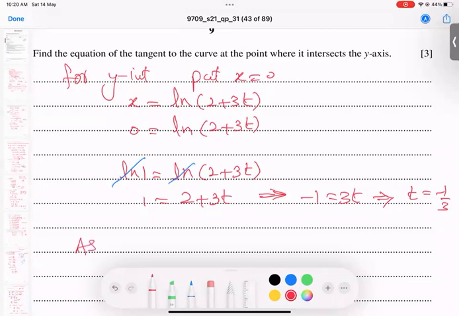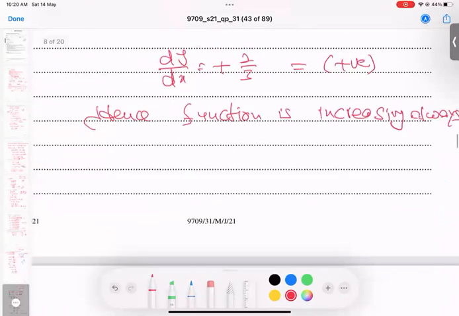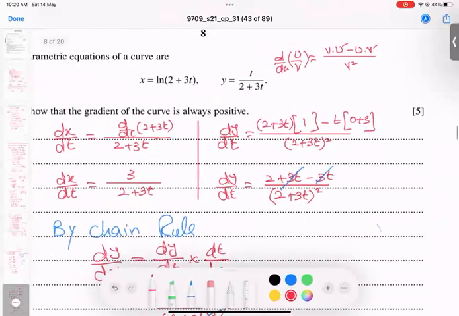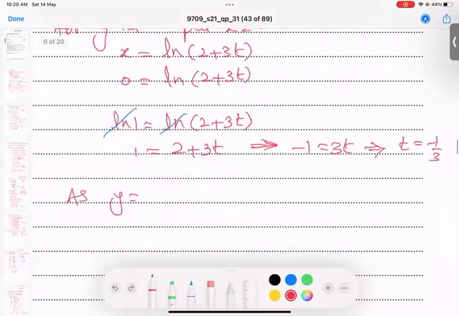As we know, y is actually t over 2 plus 3t. So put this t value here.